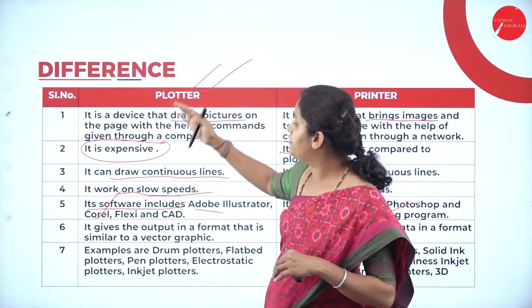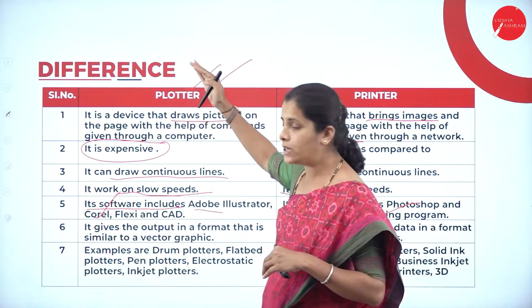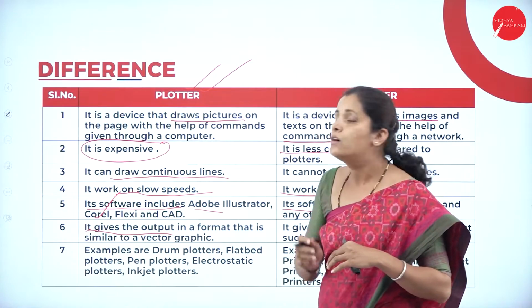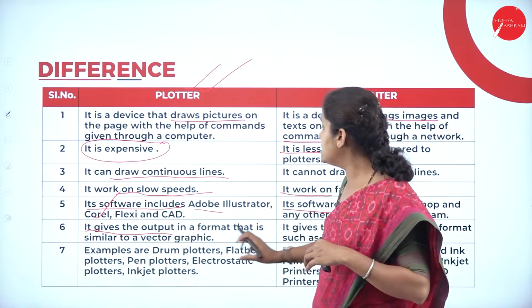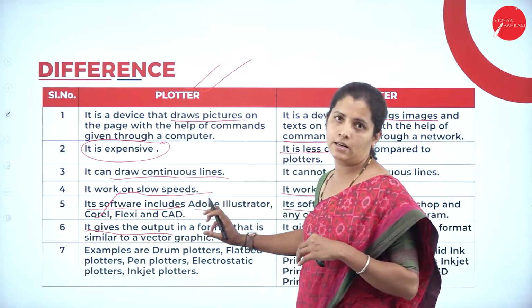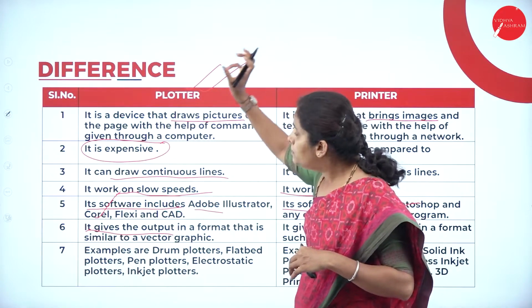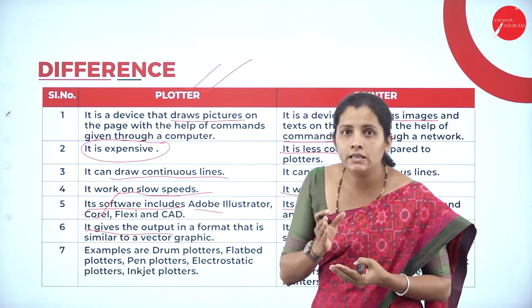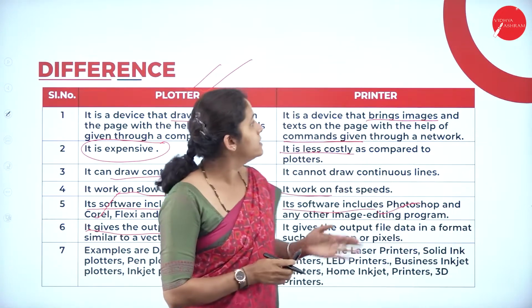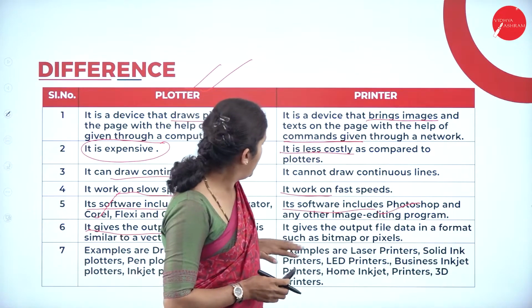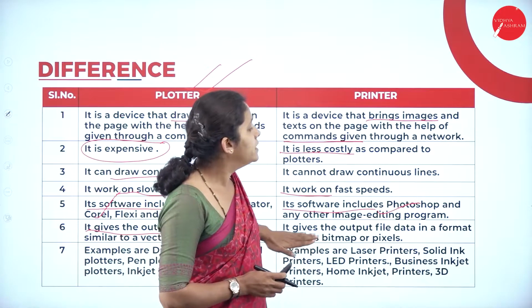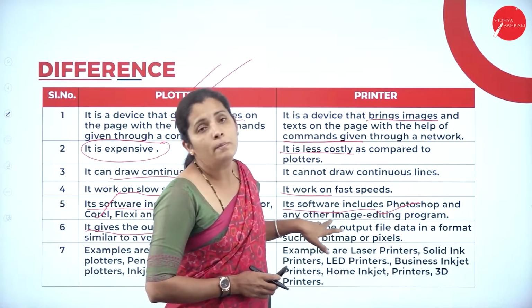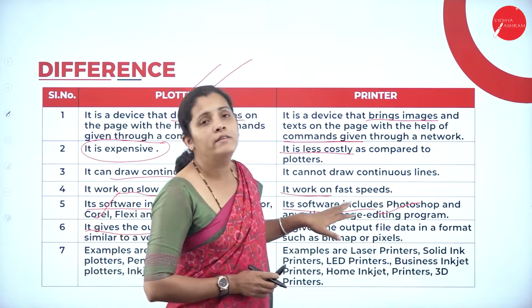The sixth difference with respect to the plotter is that it gives the output in a format similar to vector graphics. I repeat, the plotter is mainly used to print vector graphics, whereas the printer is mainly used to take the output file data in a bitmap or pixel.